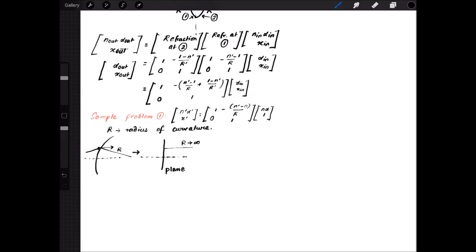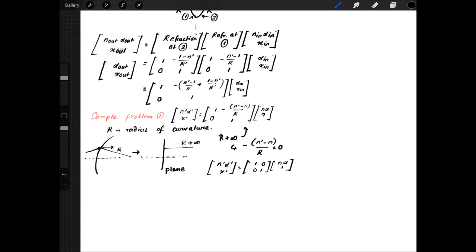So now if we put R goes to infinity in this equation, we have it equals 0. So it becomes, sorry, this is x.